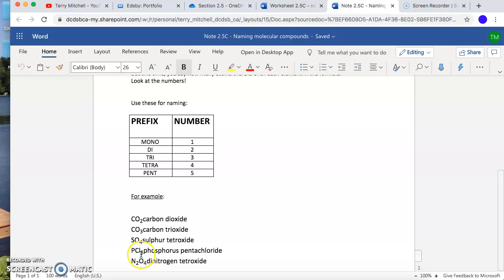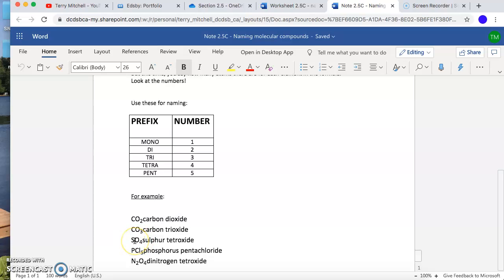Now, if we skip down to the last one here, you can see N2O4. Because there's more than one on the first atom type here, we do have to comment on that. So this is nitrogen, but because there's two of them, we say it's dinitrogen. And then we have four oxygens, so it's tetra for the 4, and oxygen changes to oxide.